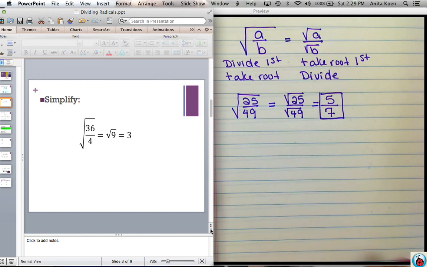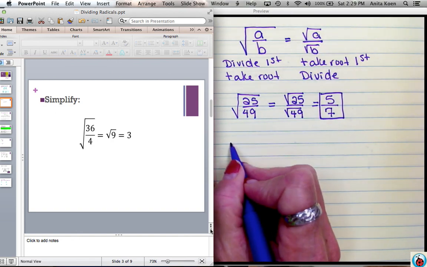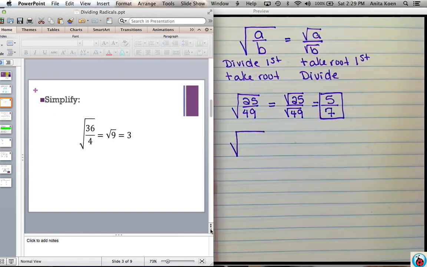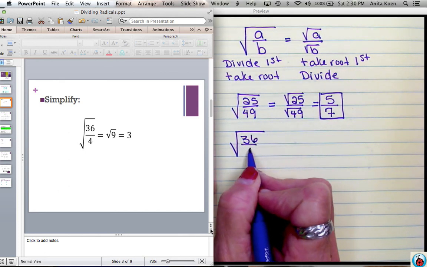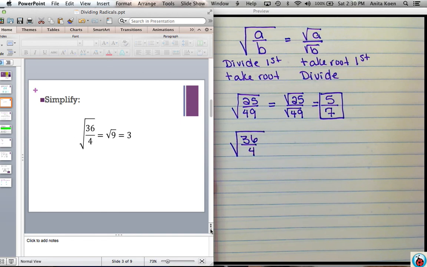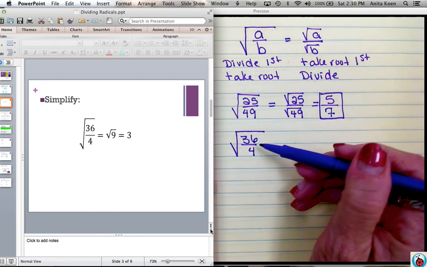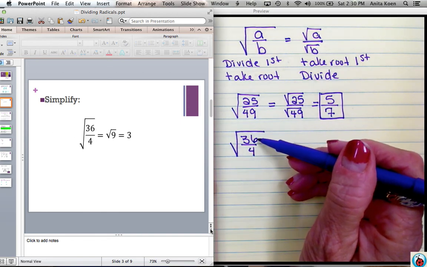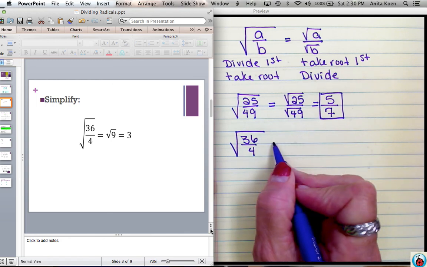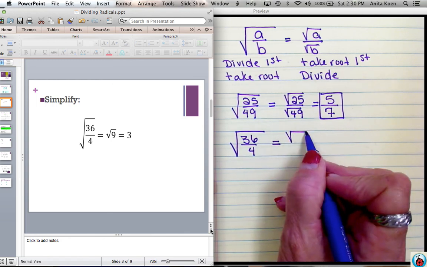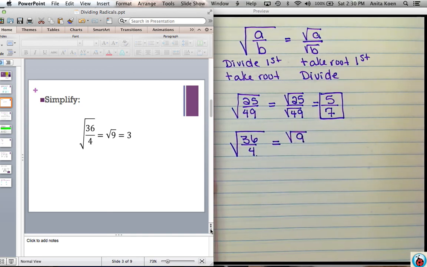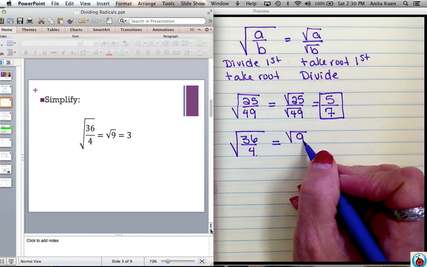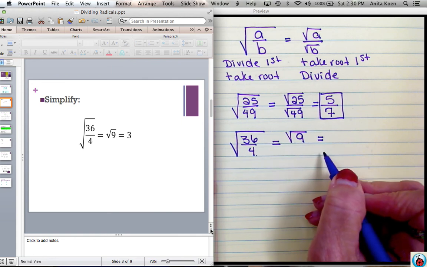Now, the second thing that could happen is I can have a radical like the square root of 36 divided by 4. Now, this time, what I want to do is divide first, because 36 is evenly divisible by 4. So I want to take 36 and divide it by 4 and get 9. 36 divided by 4 is equal to 9, and now I'll take the root.